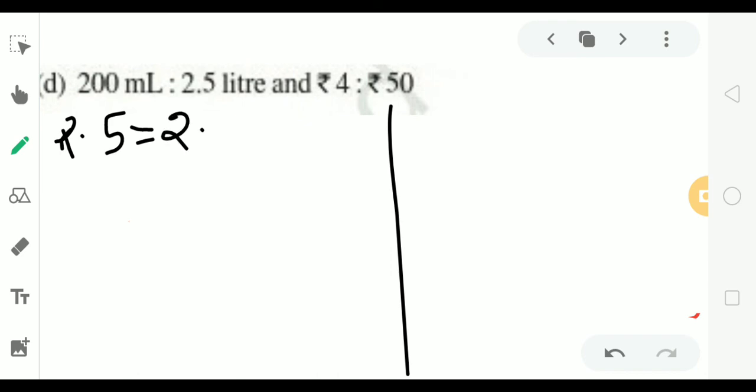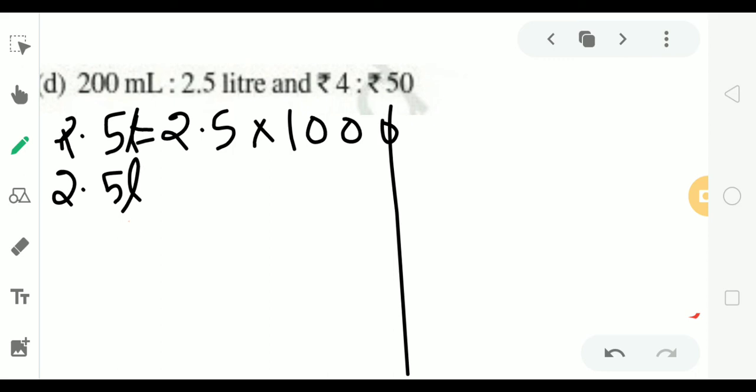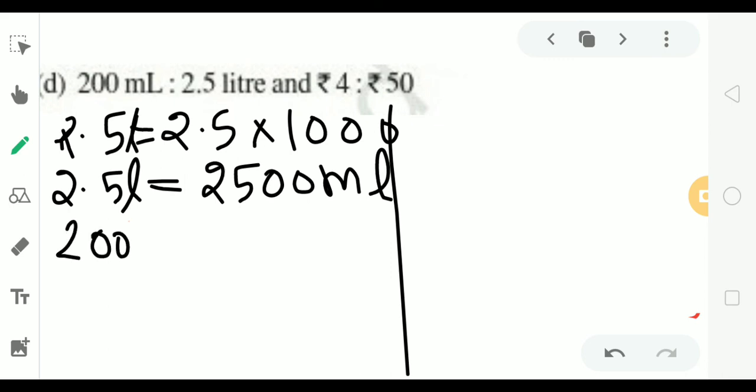For that, 2.5 liter is multiplied by 1000. So we will get this as 2500 milliliter.